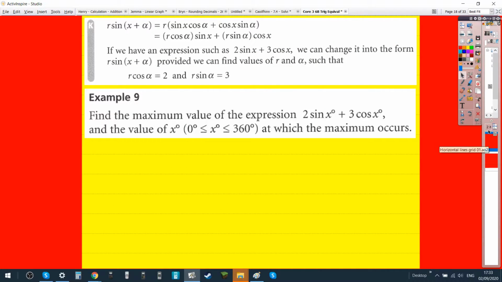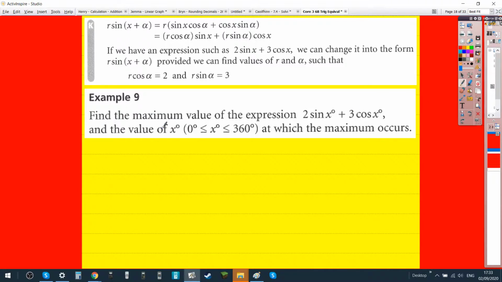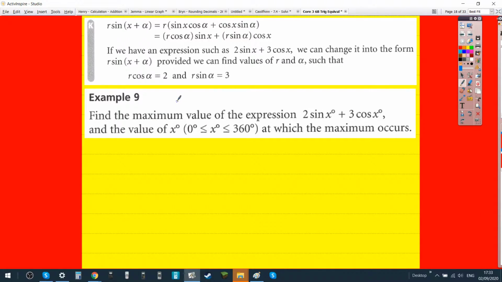Okay, so this one. We could write this as something sine x plus something else. The r, the coefficient, is the Pythagoras for these two. So what is that? I think it was root 13.